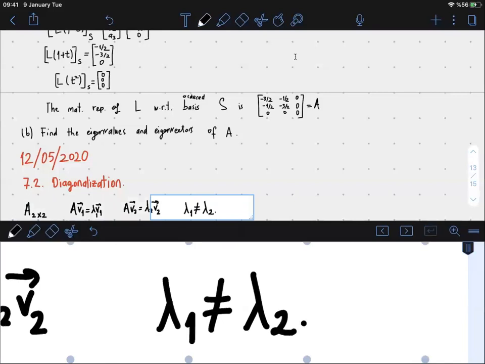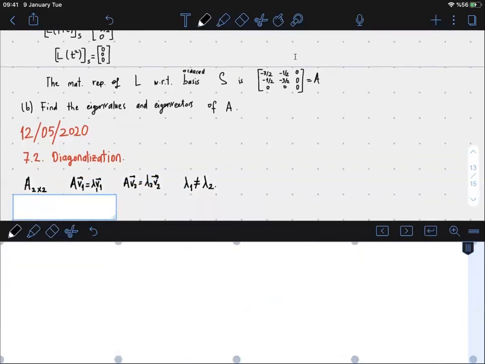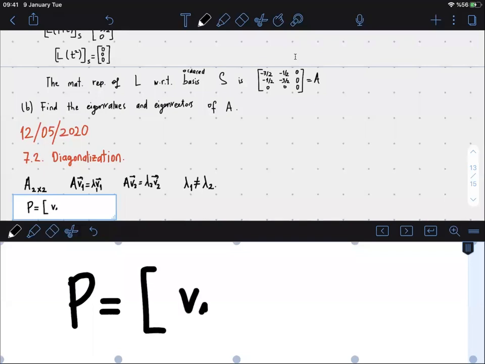This part is important. Okay, let's see. Now, suppose we have a matrix P whose first column is the first eigenvector V1 and second column is V2.